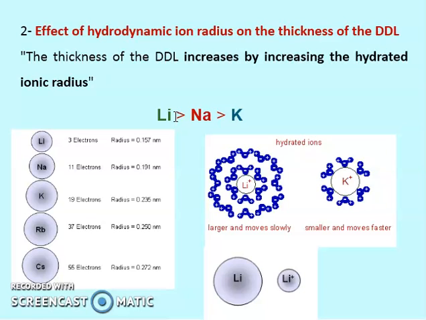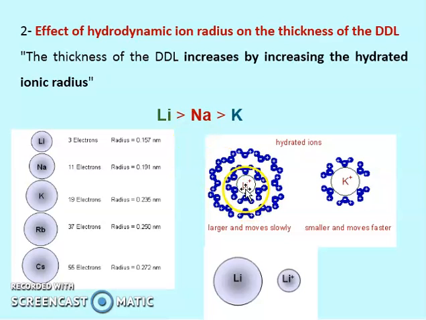If you look here, I think this part was not clear in the previous lecture due to limited time. Now I will explain this part more deeply. I would like you to know that we have two types of ion radius: the ion radius and the hydrated ion radius.